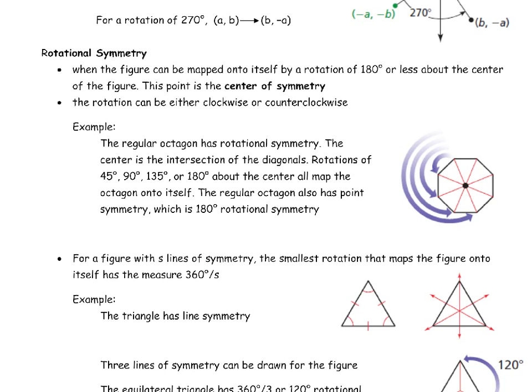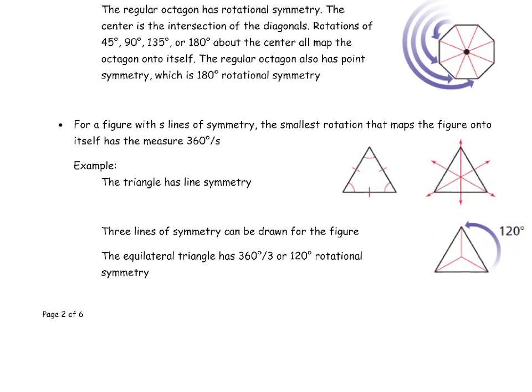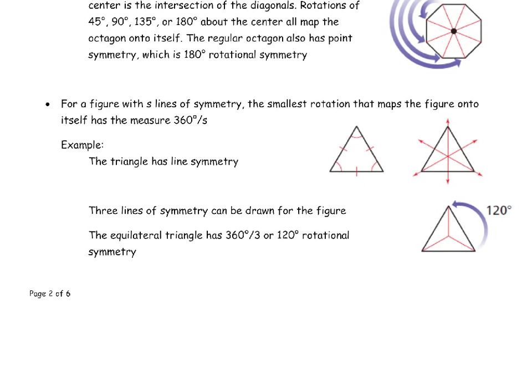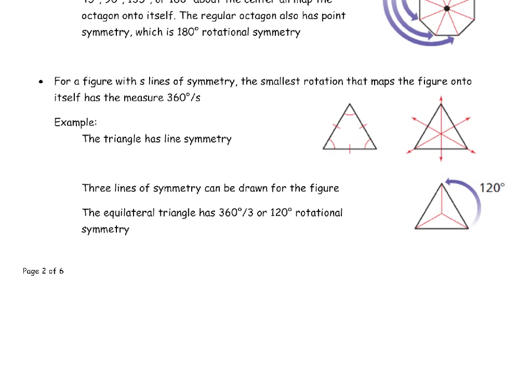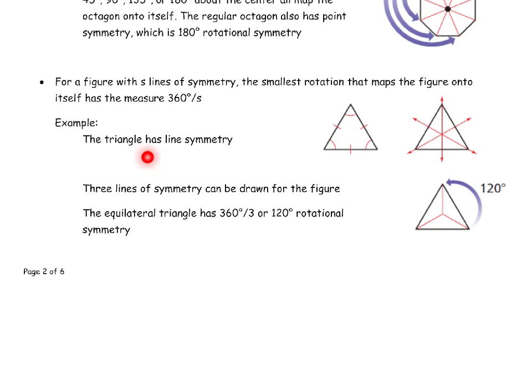For a figure with S lines of symmetry, the smallest rotation that maps the figure onto itself has a measure of 360 degrees divided by S. For example here, the triangle has lines of symmetry right here, which we talked about when we talked about reflection.